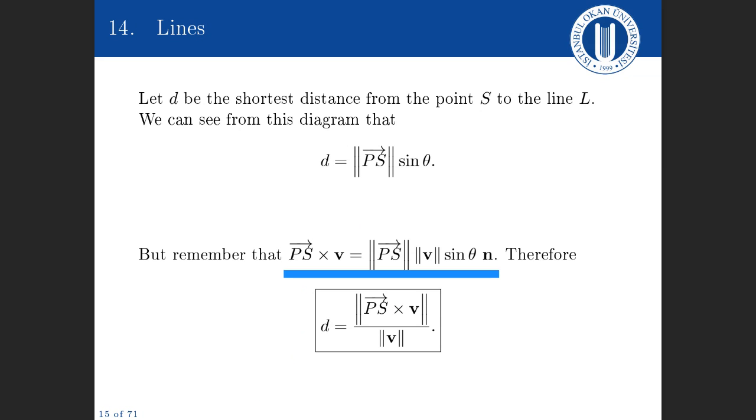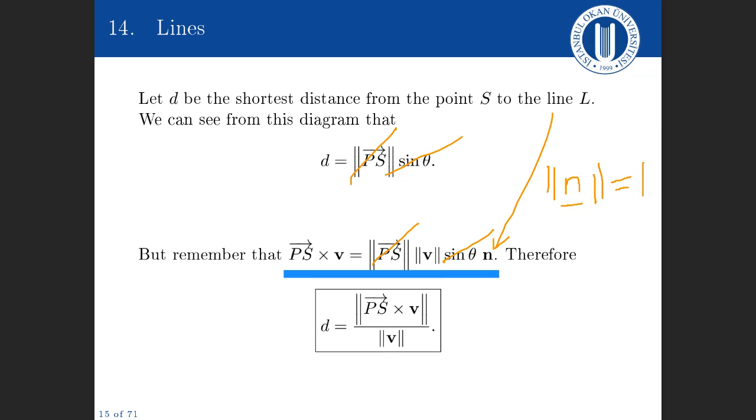PS cross V is the norm of PS, norm of V, sine theta n, where n is a unit vector. And that's almost the same as what we have at the top. There's norm of PS, sine theta. N, we don't need to worry about, because the norm of n is just going to be 1. So that's going to disappear when we take the norm.